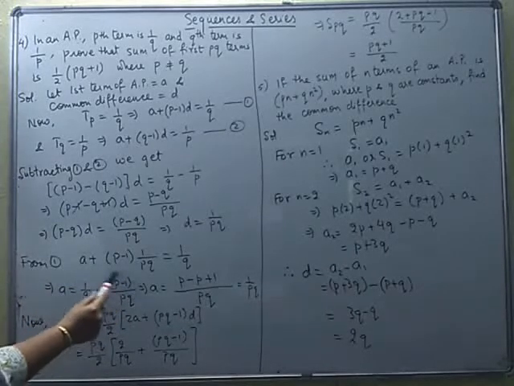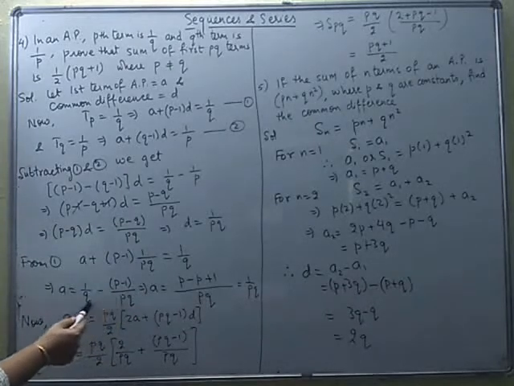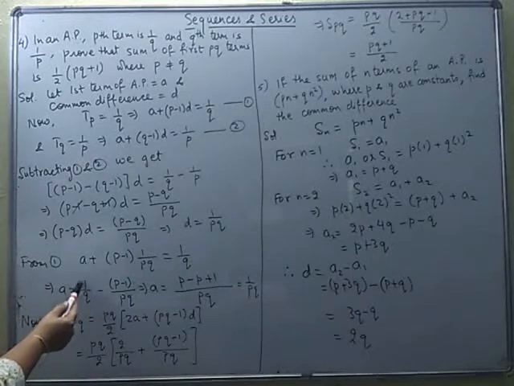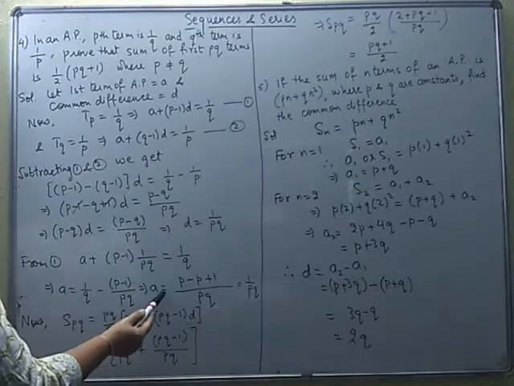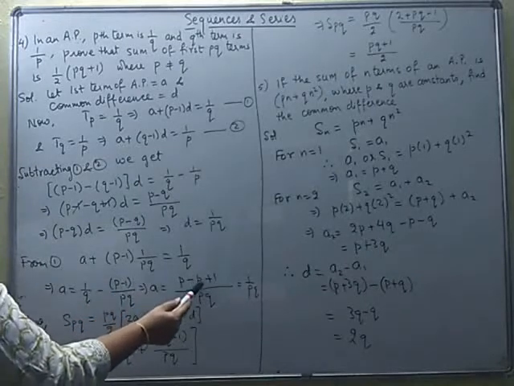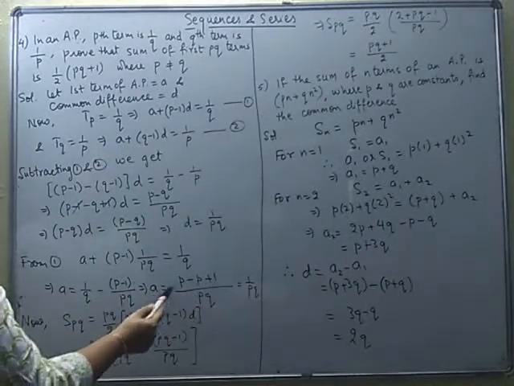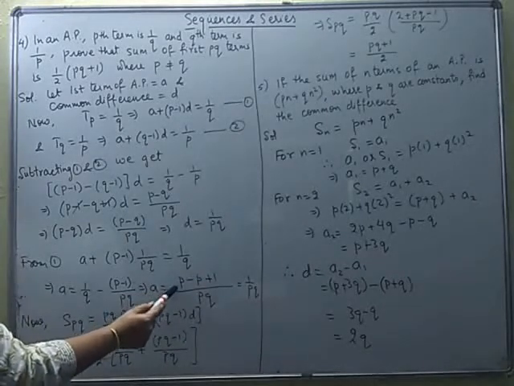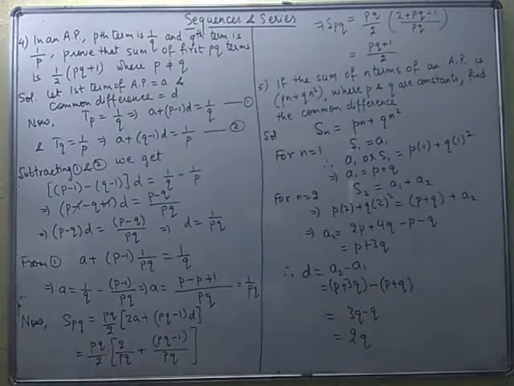So, this part needs to be simplified. We can take LCM here. You will see LCM is pq. So, this one needs to be multiplied with p. So, a is equal to p minus this term. If I open the bracket, it will be minus p plus 1. So, a is p minus p plus 1 over pq. Plus p and minus p gets cancelled out, and a is 1 over pq.